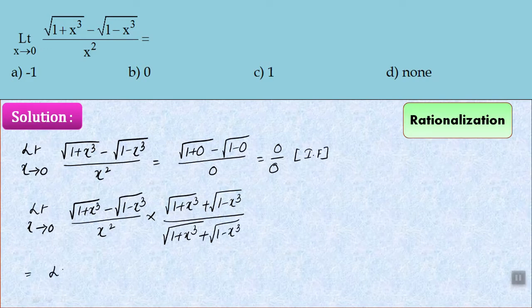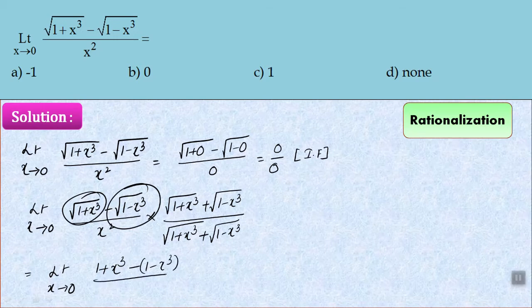Here it is in the form of a minus b into a plus b, so it can be written as a square minus b square. Here a square, that is root of 1 plus x cube whole square, is 1 plus x cube, minus b square, that is root of 1 minus x cube whole square, that is 1 minus x cube, divided by x square into square root of 1 plus x cube plus square root of 1 minus x cube.